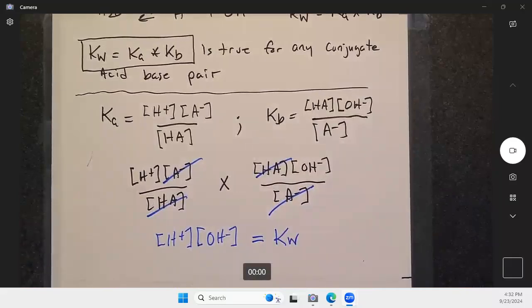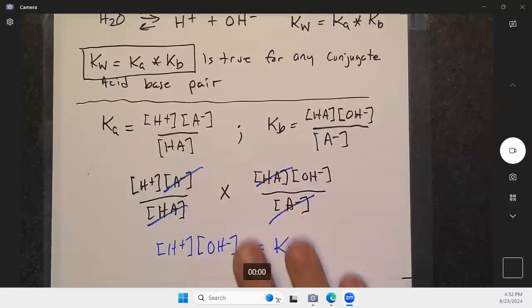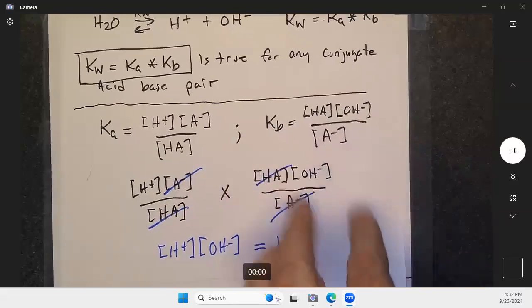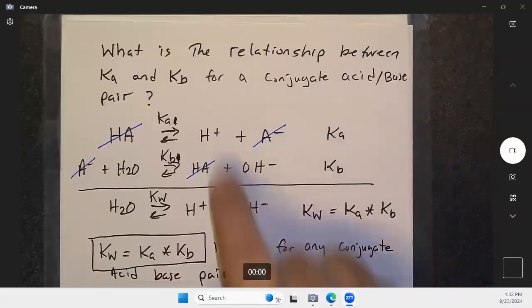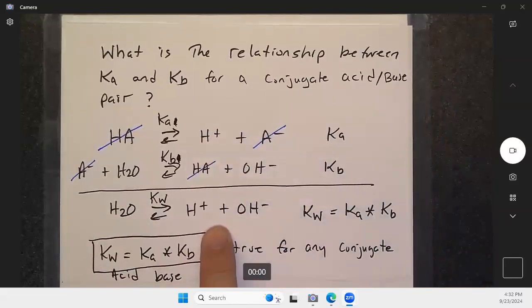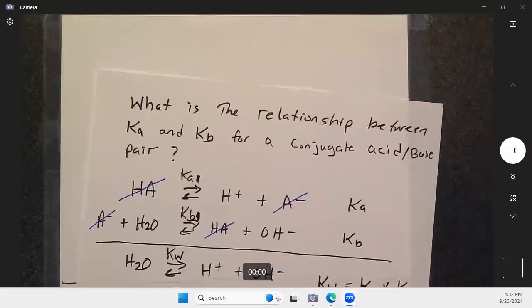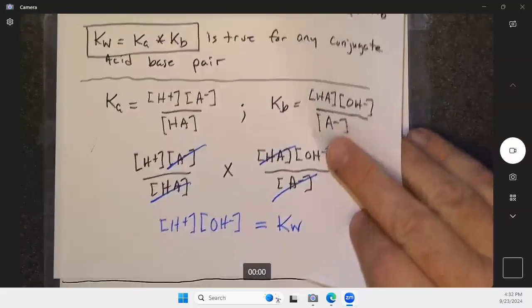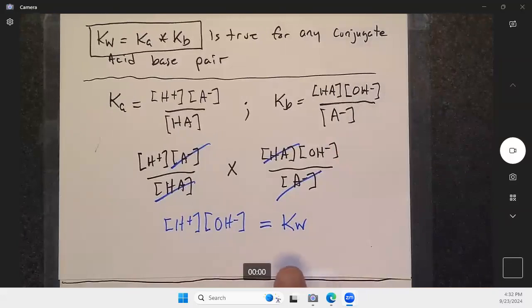So it works if you use the equilibrium expressions as well. You add the two reactions together, like we did up here earlier, we get the Kw reaction. And when we multiply Ka times Kb, we're left with the Kw expression.